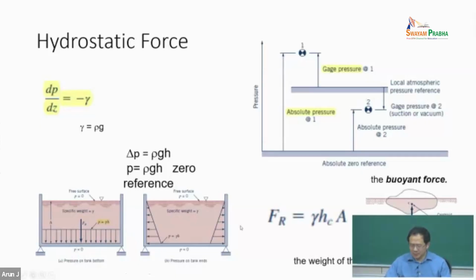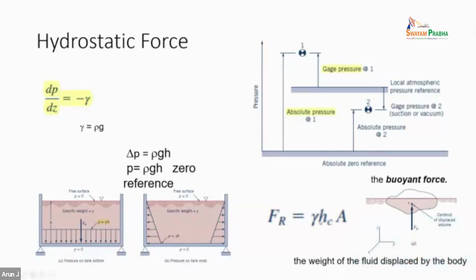Using this hydrostatic pressure, you can calculate the buoyancy force. The buoyancy force is rho g h_C times this area, where C is the center. Actually, you can understand that the hydrostatic force is proportional to the volume of water displaced.